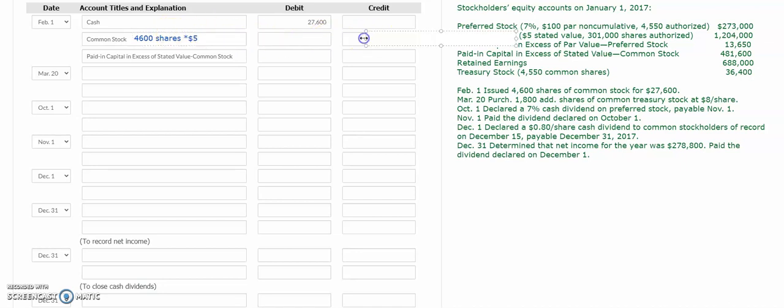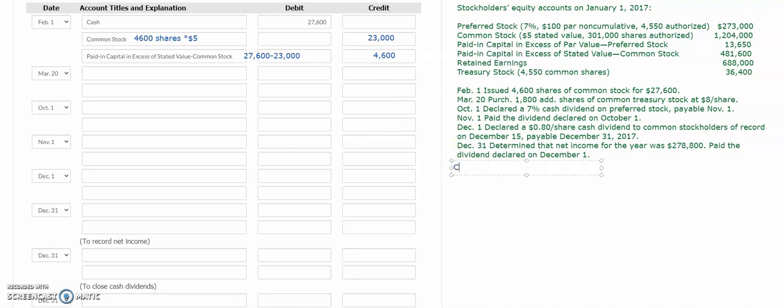So this is going to report a credit of $23,000. Then I'm going to report the paid-in capital in excess by taking the dollar difference. So on the debit side, I have 27,600 minus 23,000, and that dollar difference of 4,600 is going to be on the credit side.